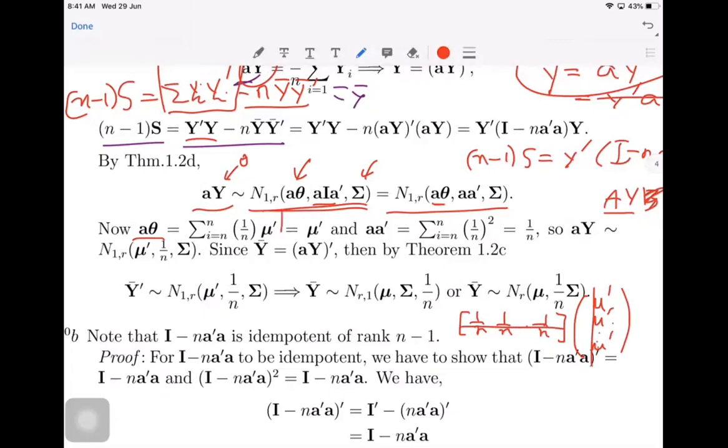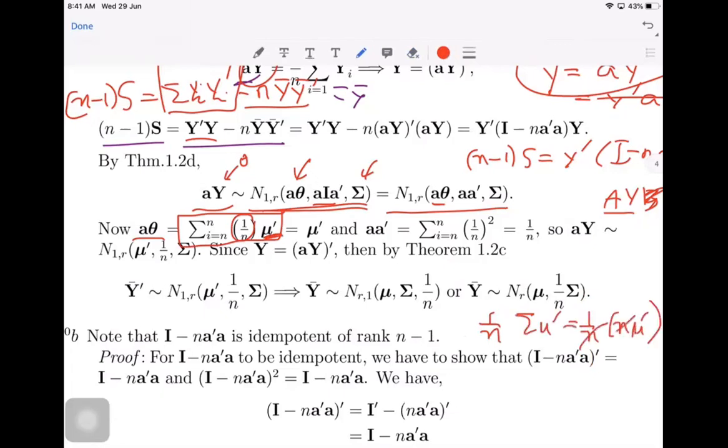And this is a constant with respect to summation, and this is also a constant with respect to summation. So what happens there is you will have 1 over n times the summation of mu prime, which is 1 over n times n mu prime, no? And what is left is just mu prime.